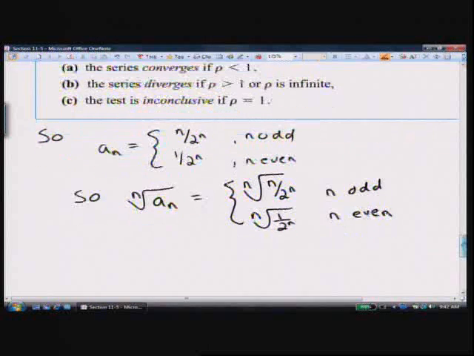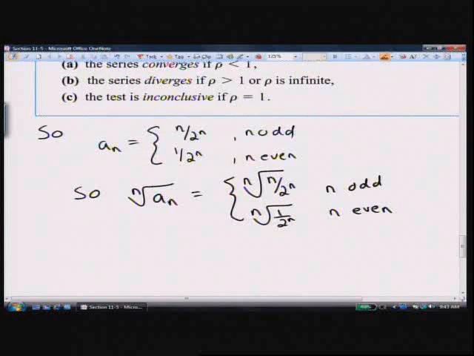Okay. So what's the nth root of n? Well, not necessarily. It feels like it would be 1, doesn't it? But the fifth root of 5 isn't. Right. It is just what it is. But the nth root of 2 to the n is what?